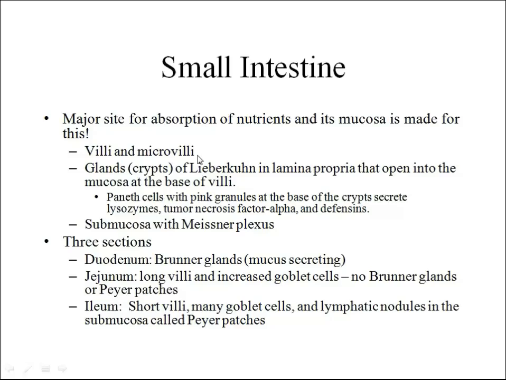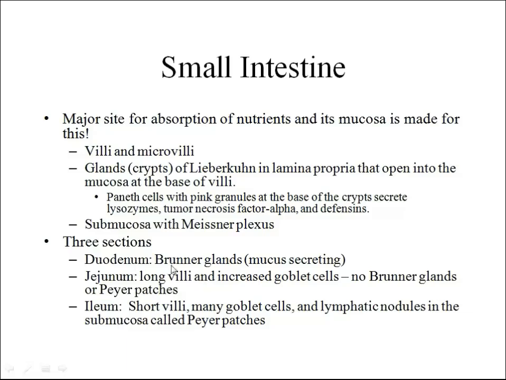If you see villi and microvilli, that is intestine. Then the glands here are called crypts of Lieberkühn, present the same way as gastric glands in the lamina propria. Then the submucosa contains Meissner's plexus.